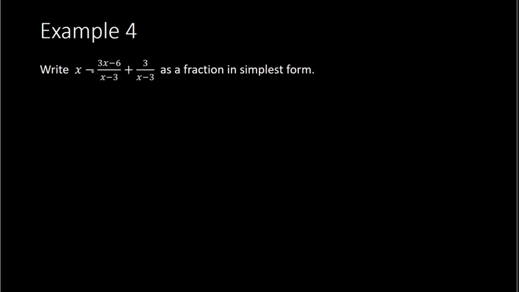Let's look at one more example. Here we have x minus 3x minus 6 over x minus 3 plus 3 over x minus 3. So what I need is a common denominator. All right, so we have x minus 3's already for the two fractions. We just need x minus 3 for the first fraction. So to make that happen, I can multiply the top and the bottom by x minus 3.